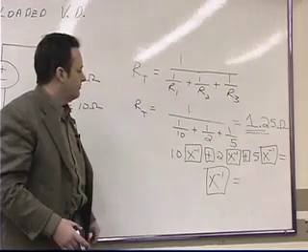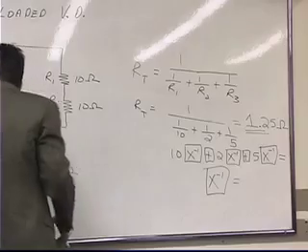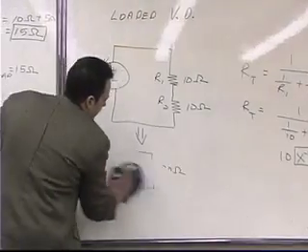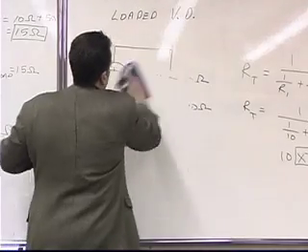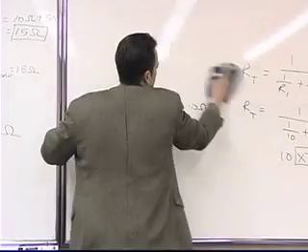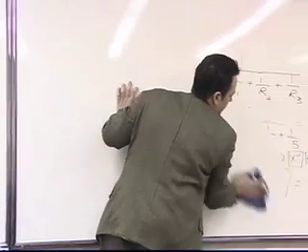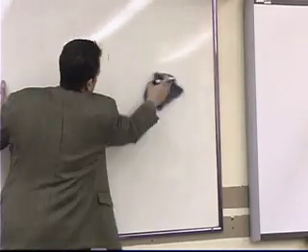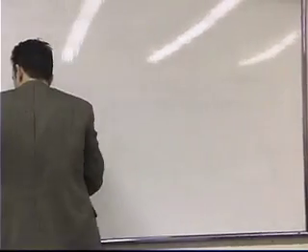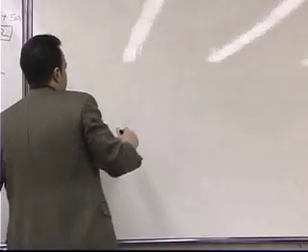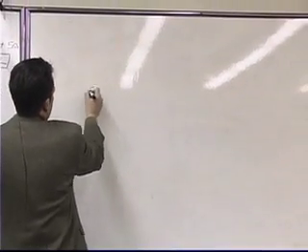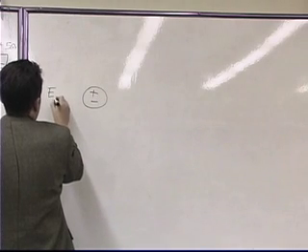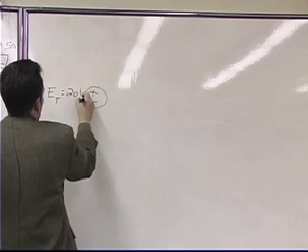All right. Now, if I back up for a minute and we change gears, and I gave you a circuit like this. Let's say that the source voltage was equal to 20 volts.